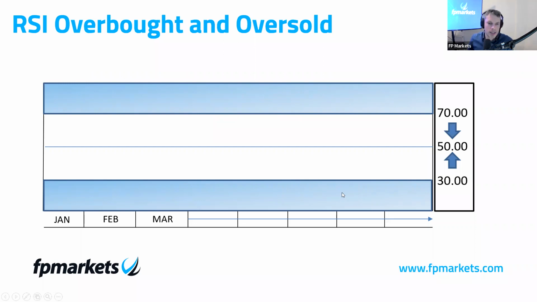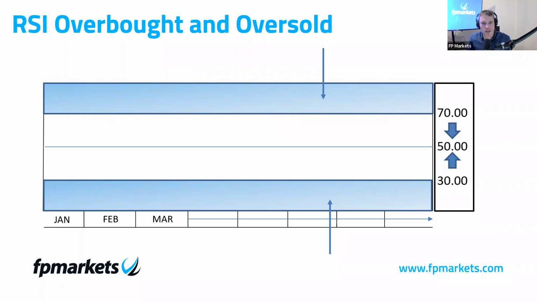A key point to note is the RSI tends to top and bottom out prior to price action, providing an indication that a reversal could be on the cards, or at least a reaction may be seen. These tops and bottoms that form within the overbought and oversold areas, which are shaded in blue, as you can see here, think of these areas as zones where buyers and sellers show exhaustion.